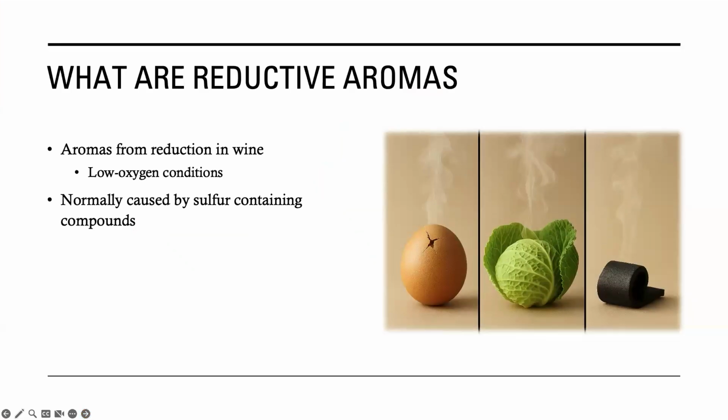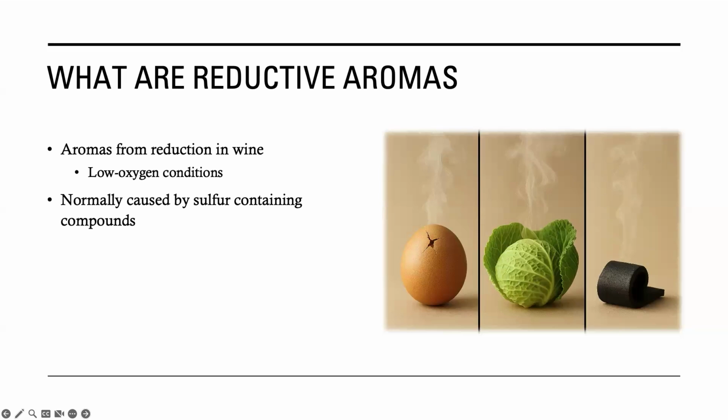So, what are reductive aromas? They're aromas from compounds that are reduced in wine, and they come from a variety of sources, but most of them are caused by sulfur-containing compounds. So there's something to do with sulfur chemistry.